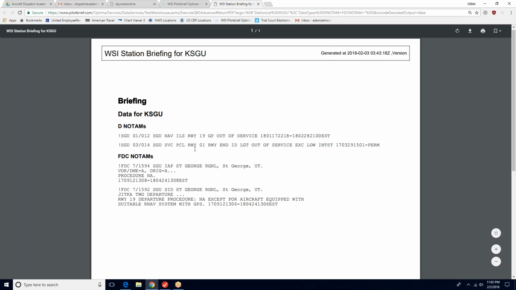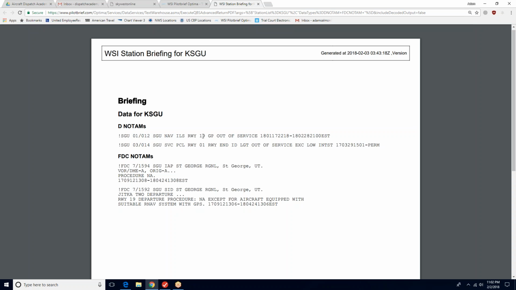So it basically means that if you try to turn those lights on, they're not going to come on except for the low intensity setting. So that's just basically a warning to pilots that are trying to turn that on manually from their airplane, that if they try any setting other than the low setting, they're not going to see any lights. So that ultimately is what that means.